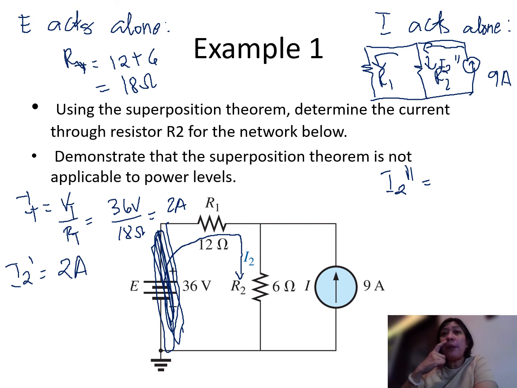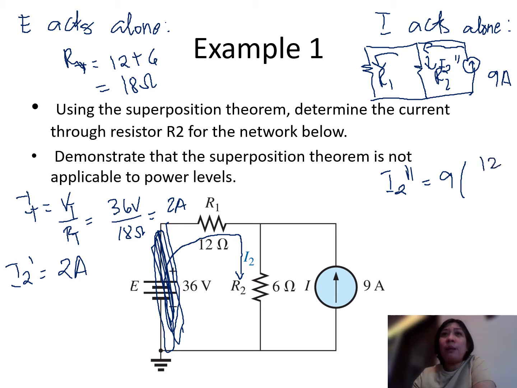For the current divider principle, we have our total current, which is 9, multiplied by the opposite resistance. Since current is inversely proportional to the resistance, instead of writing 6 ohms in the numerator, we will be writing the 12 ohms in the numerator.